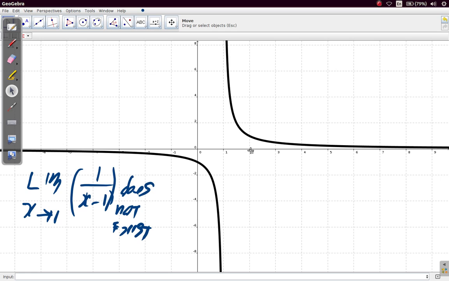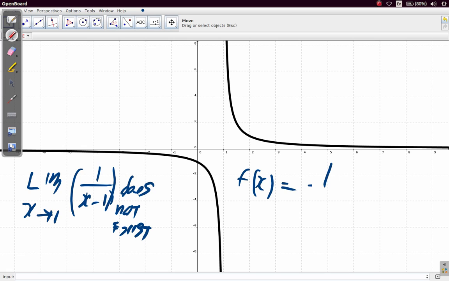Now, when x is 2, what is y? If we consider y equal, but we usually use f of x for this particular subject area, so you use f of x. f of x is 1 over x minus 1.